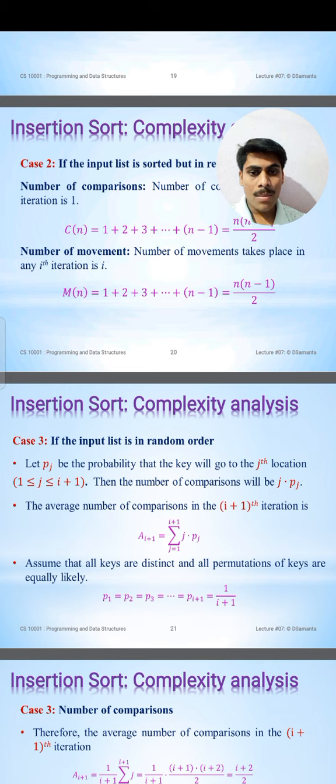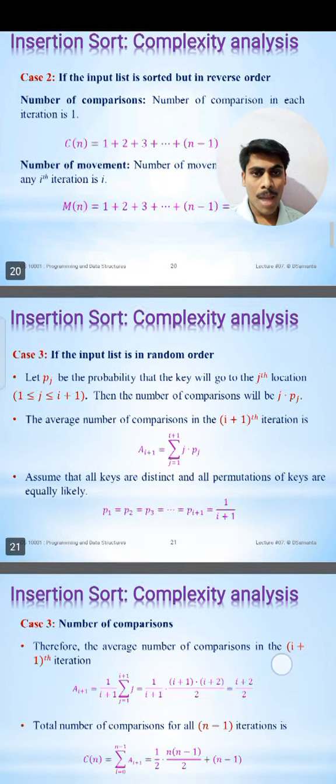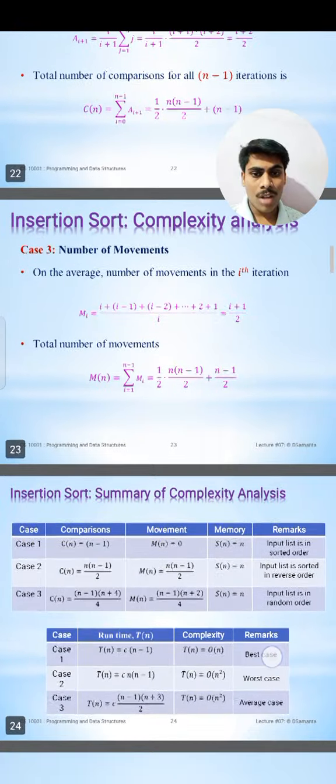The average number of comparisons in the (i+1)th iteration is the summation of j = 1 to i+1 of j·p_j. Assuming all keys are distinct and permutations are equally likely, p_1 = p_2 = p_3 = ... = p_{i+1} = 1/(i+1). This gives the insertion sort time complexity.